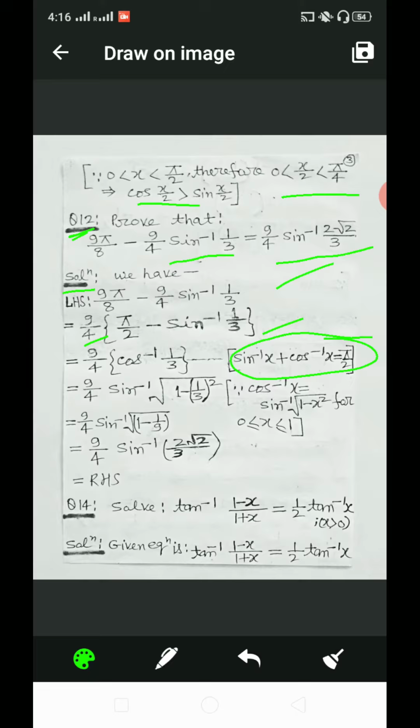And this is equal to 9 by 4 sin inverse square root of 1 minus 1 by 3 whole square.